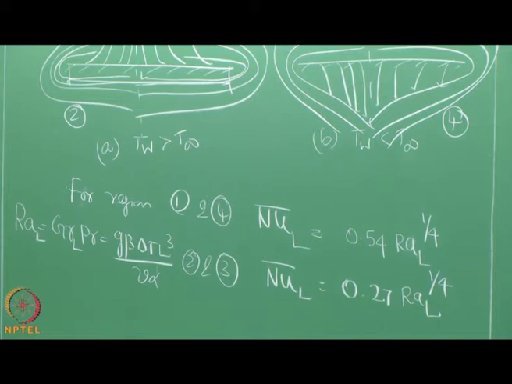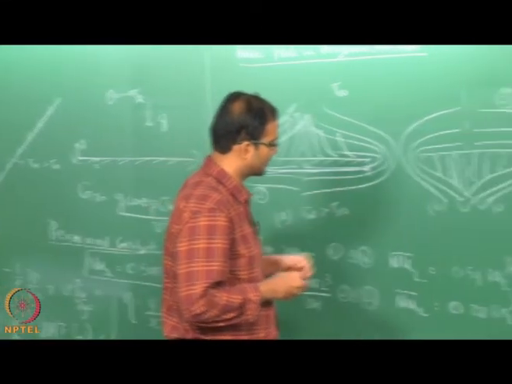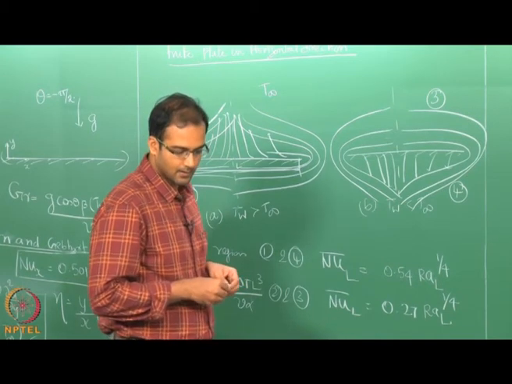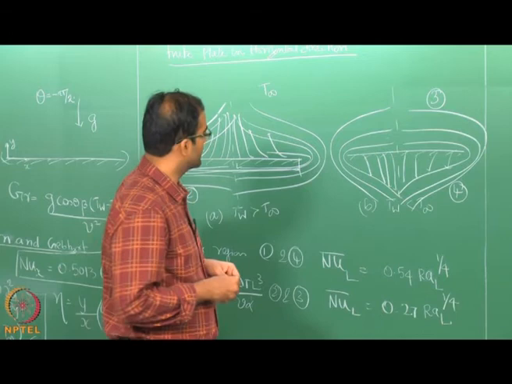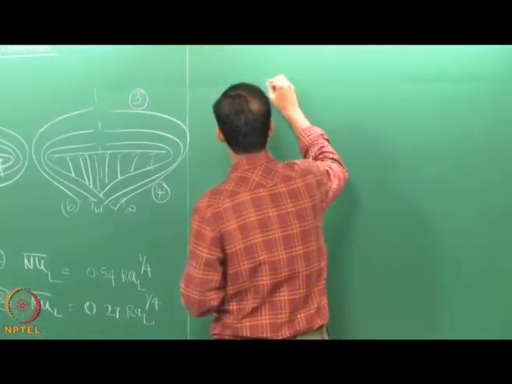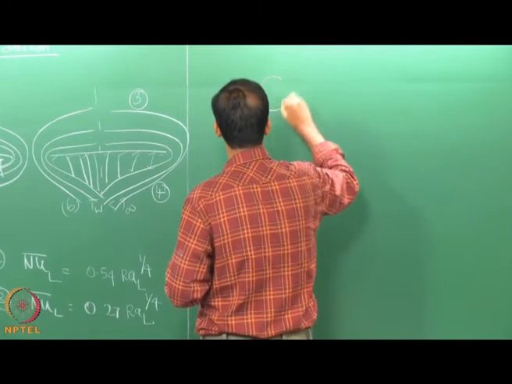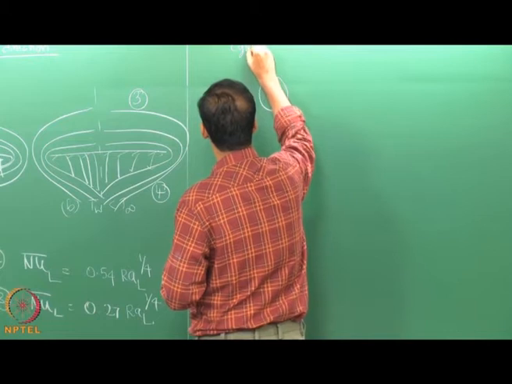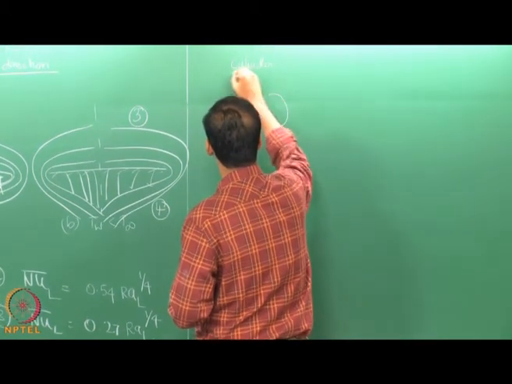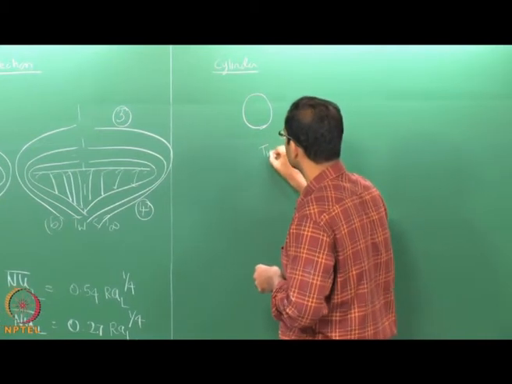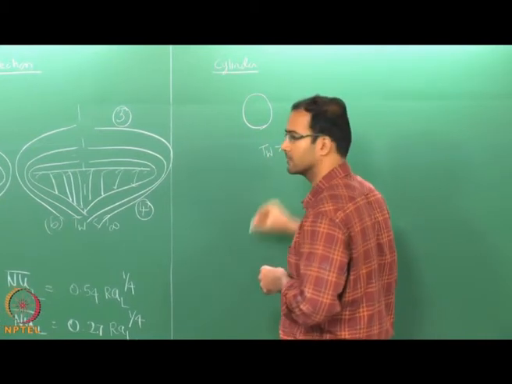Okay. So, these are some correlations for a more complex configuration like this. We can also look at other configurations. For example, the case of a heated cylinder, okay, heated cylinder which is just suspended in the ambient where T wall is greater than T infinity.